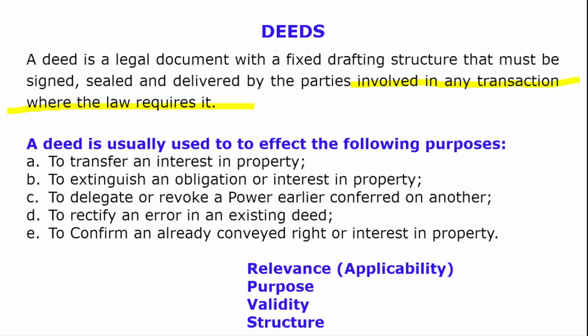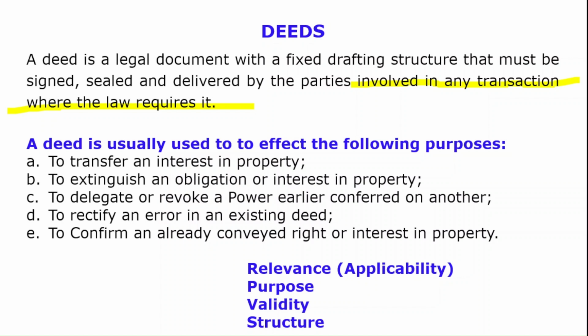But when talking about deed, our focus is on the legal interest that exists in property. So the use of a deed is that is how you effectively transfer legal interest from party A to party B. So where any property law transaction requires that party A transfers legal interest to party B, the legal instrument that must be prepared in relation to that transaction must be by way of deed.